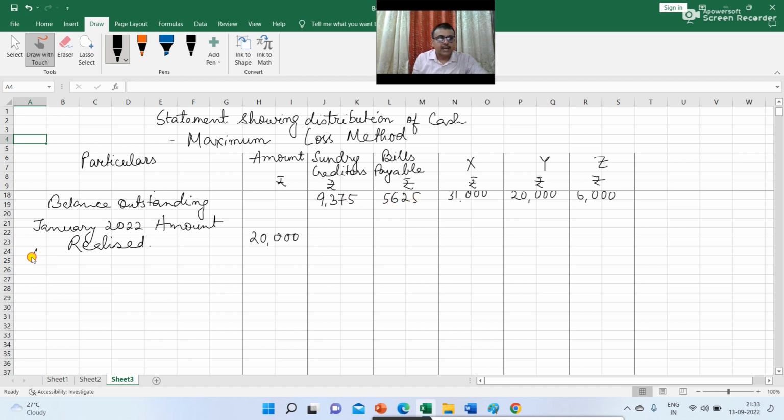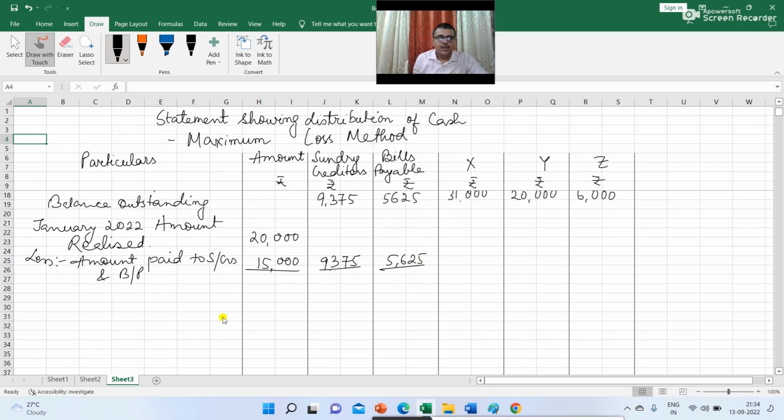So here I am writing less amount paid to sundry creditors and bills payable. This is 15,000. So 9,375 will be paid to creditors and 5,625 paid for bills payable.